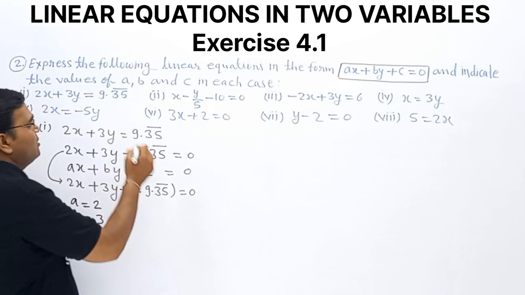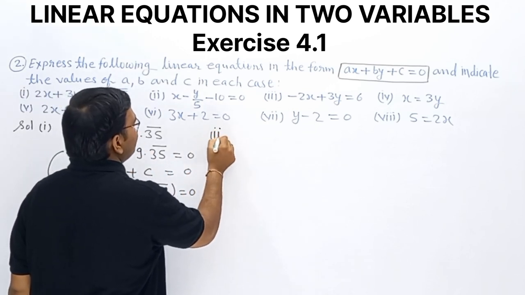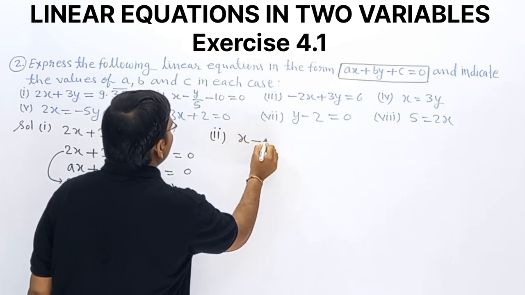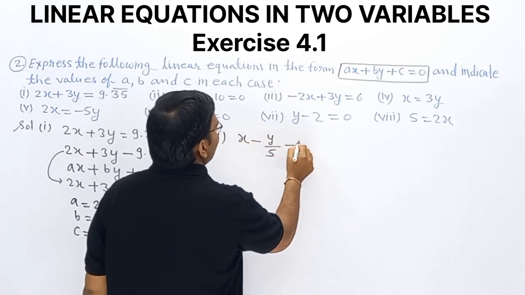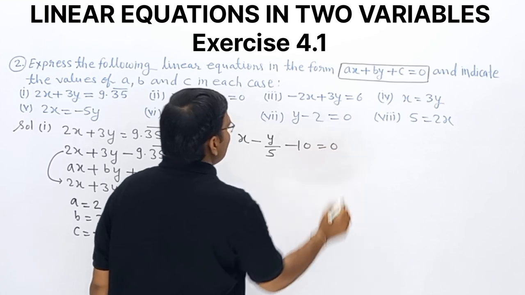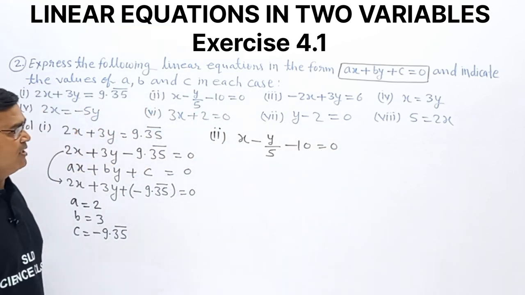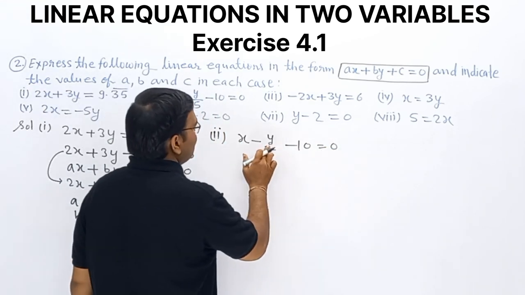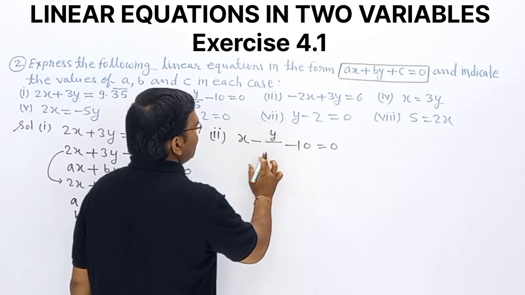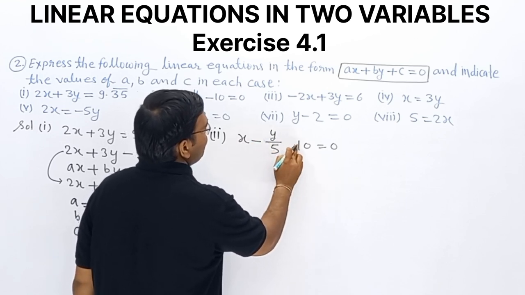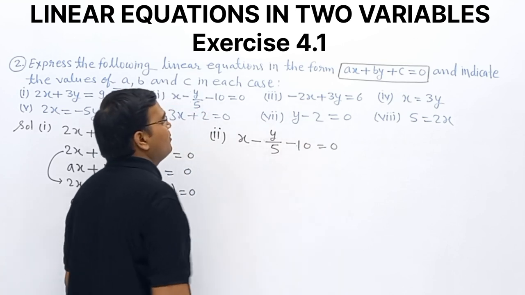Now I am taking question number 2: x minus y upon 5 minus 10 equal to 0. This is a linear equation in two variables. We want to write it in the general form first, then compare.